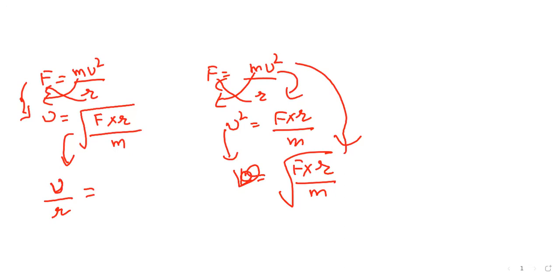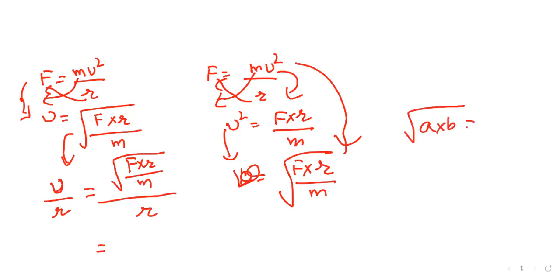V upon r is nothing but, let's substitute v. V is nothing but the square root of F times r over m, upon r, right? So the square root of a times b is nothing but the square root of a times the square root of b. Are you familiar with this one? Yes.